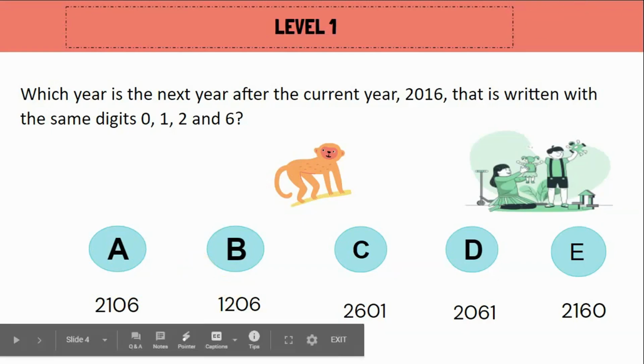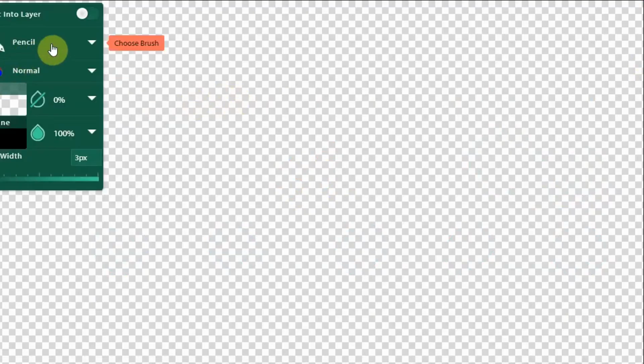So I'll just show you. A says 2106, and B we have struck off. That's not the correct answer.